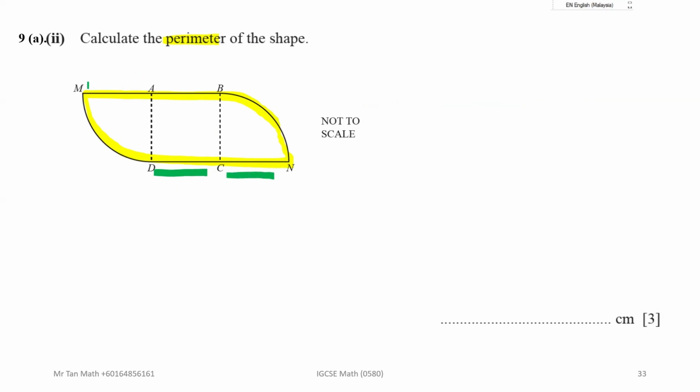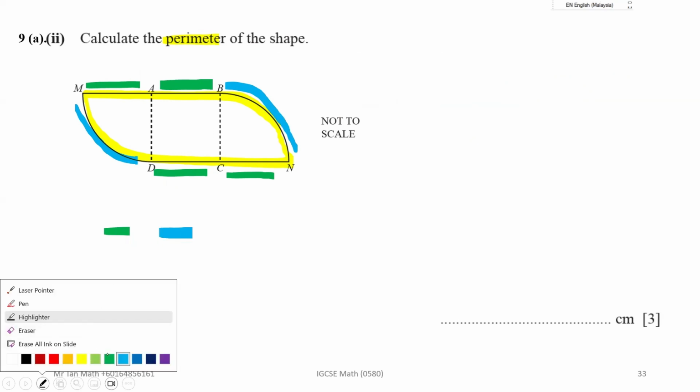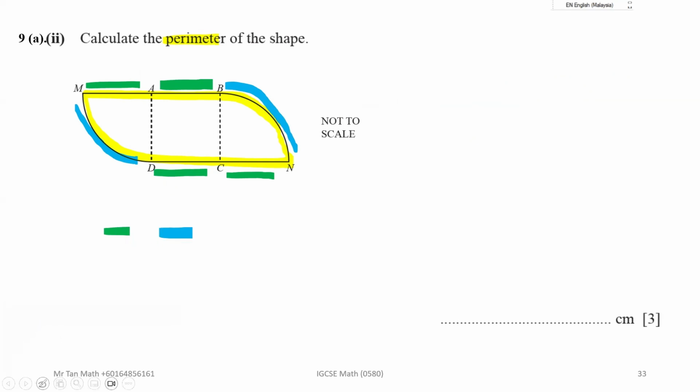It is 1, 2, 3, 4, this one. And then we have 1, 2, and this one. We just add these two perimeters.